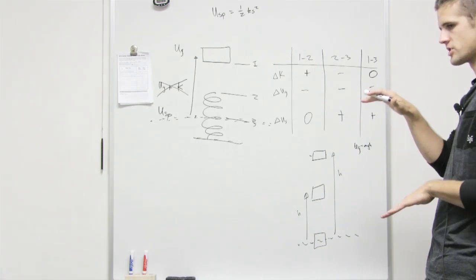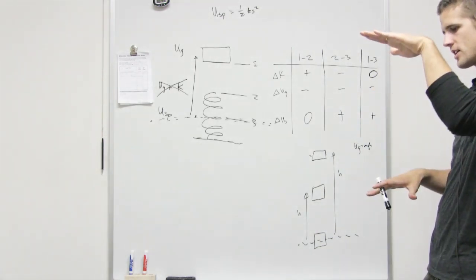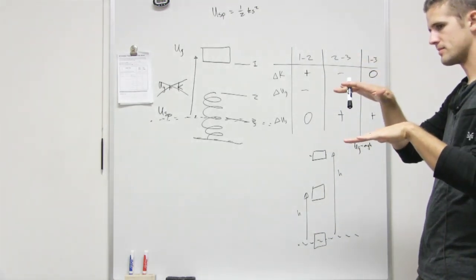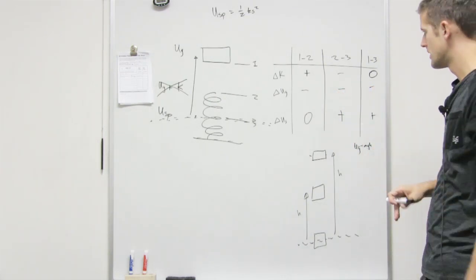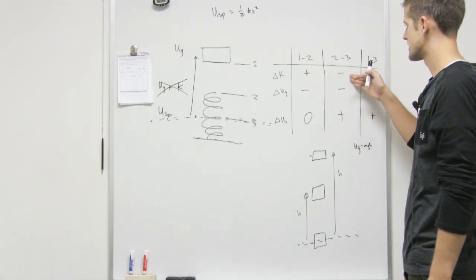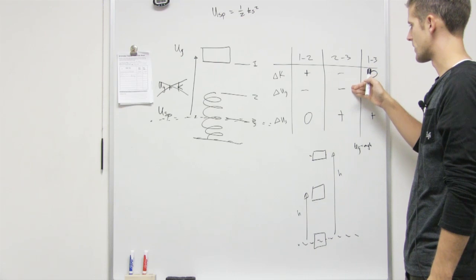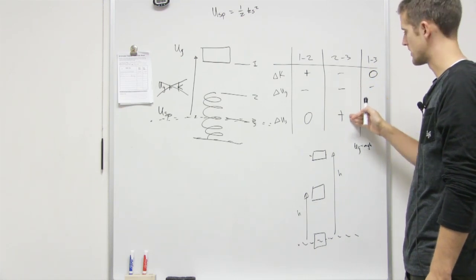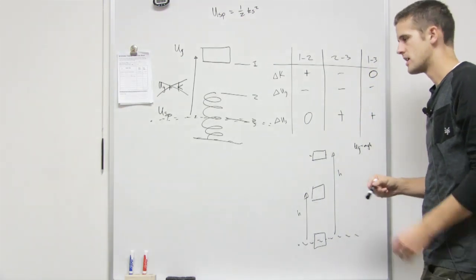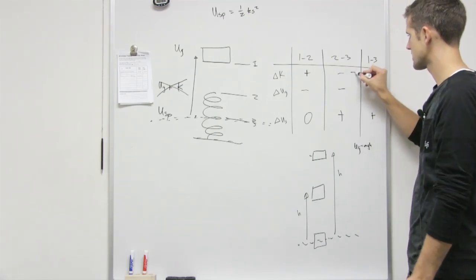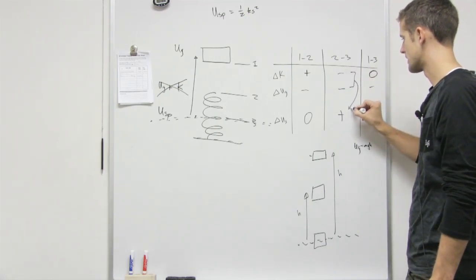So they just kind of switched. One was here, the other one was here, and they just moved up like that. And then in this case, kinetic energy went down, gravitational potential energy went down, and your spring energy went up. So all of this that those two lost went here.